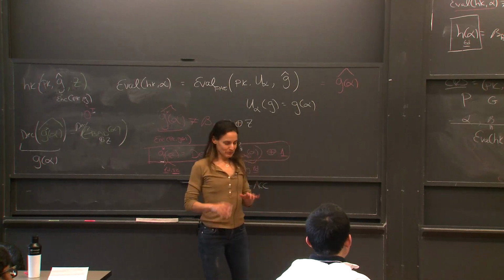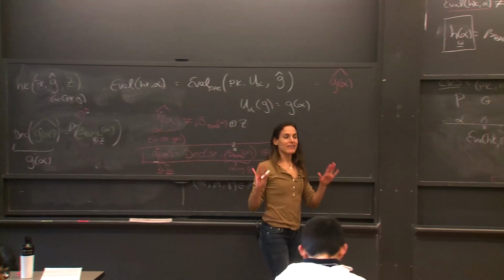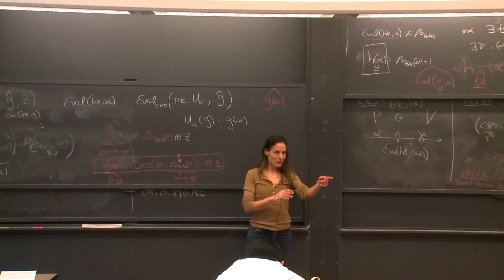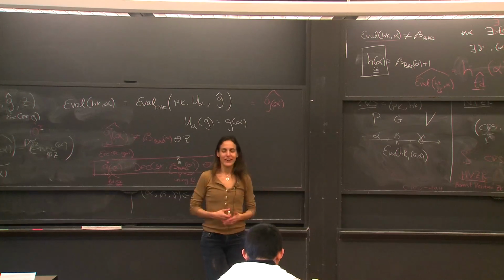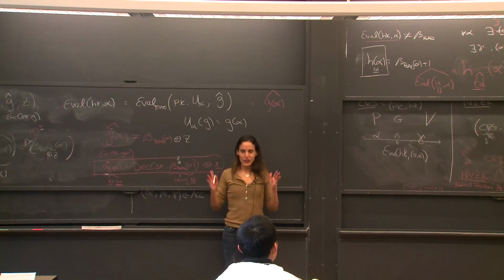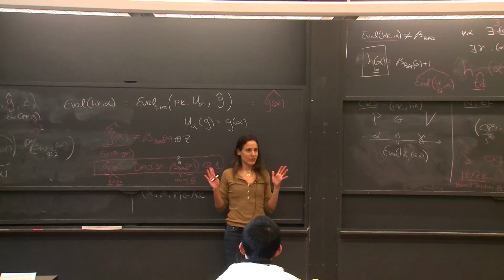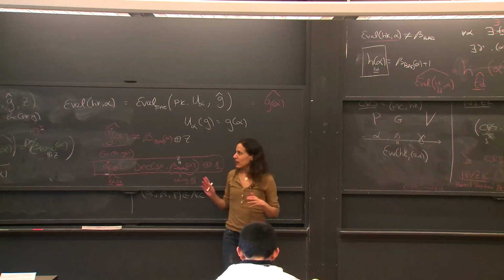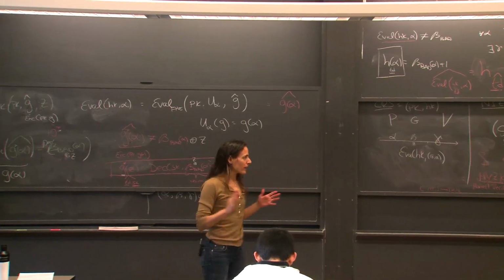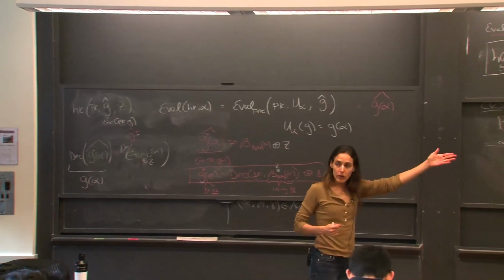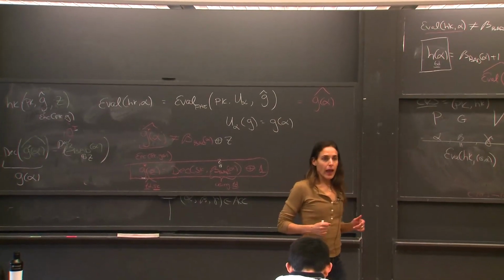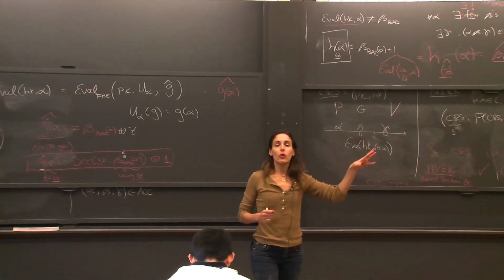Okay, so let's step back and see where we are. I'm on my way to answer your question because it's about how general this technique is. So I'll get there. But before I go to how general this technique is, let's see what we did today so far. We looked at this protocol, the parallel repeated version, and we said, okay, this protocol, guess what?